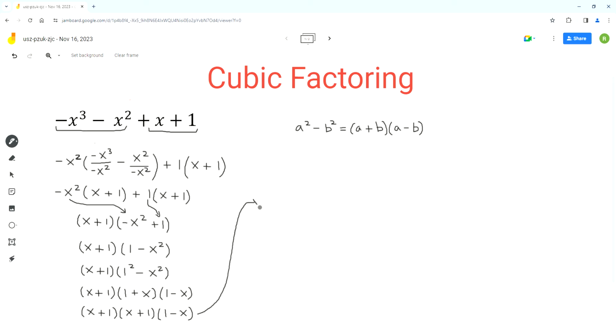Now in the next step, we can combine these x plus 1's into a single x plus 1 with a square. So x plus 1 squared times 1 minus x. So this should be the final answer for the factored form of this given expression.